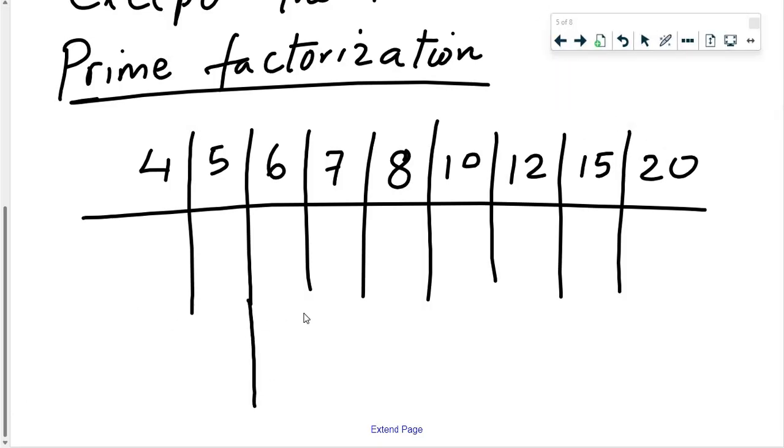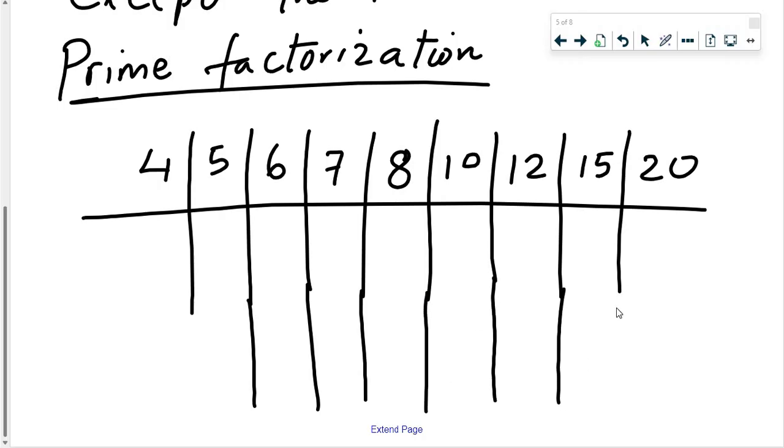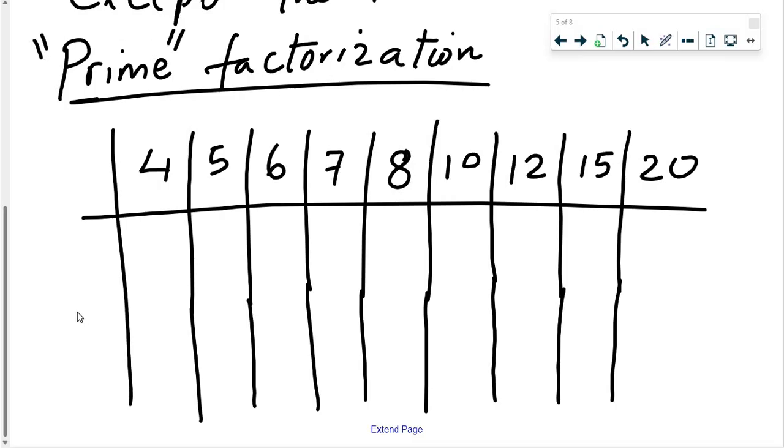Then, once you have kept all the numbers like this, the smallest possible prime number is 2. So you start with 2 if there is any number that is divisible by 2 in this.